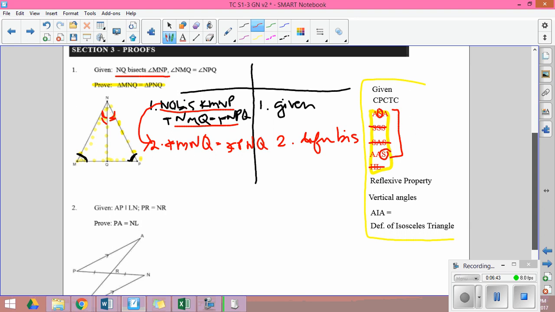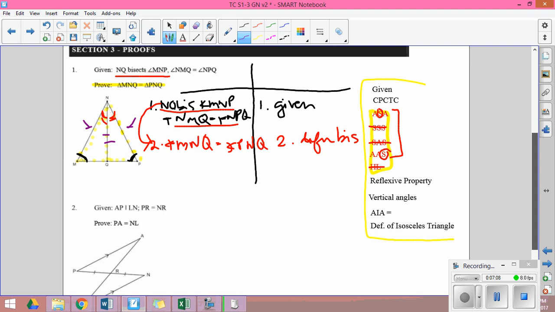You could prove this side and this side, MN equals PN, are equal by Isosceles triangle theorem, and then I would have the triangles congruent by angle, side, angle. Some of you may see that NQ equals NQ by reflexive, and then my triangles are congruent by angle, angle, side.